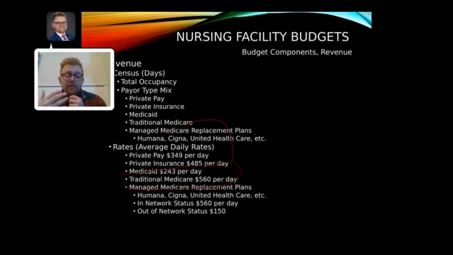However many private pay patients you think you're going to serve during that period, you would correlate that to the private pay rate. Same thing with Medicaid, Medicare, or managed care. And that's how you build the revenue side of your budget.